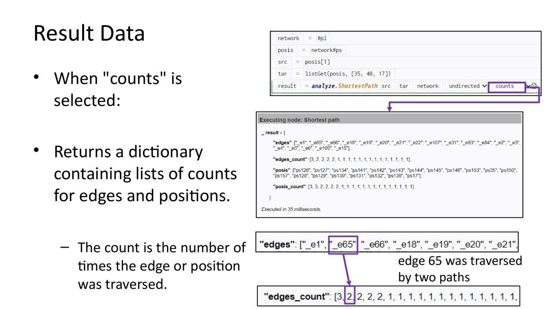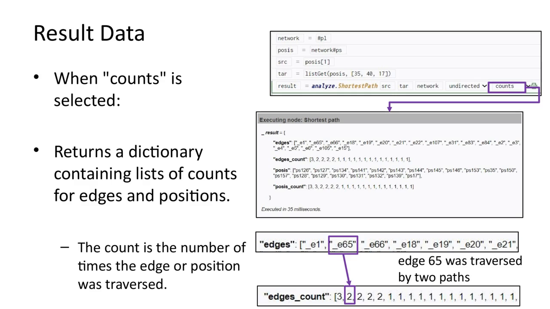If counts is selected, the dictionary will contain the number of times each edge or position was traversed by the shortest path. In total, there will be 4 lists. The edges key is a list of all edges traversed by all shortest paths. The edges count key is a list of numbers counting the number of times each edge was traversed.